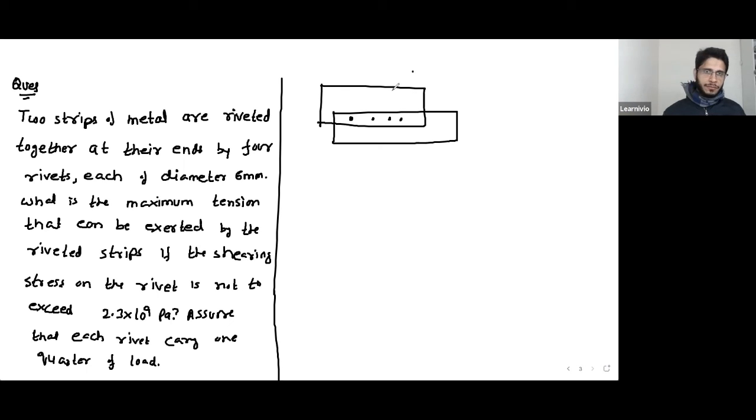Now I can apply a maximum force here. If I exceed that maximum limit, then obviously if my force is greater than the strength of the bolt or the strength of the rivets, then these two plates will get separated. So you just have to calculate the maximum force that we can apply here.